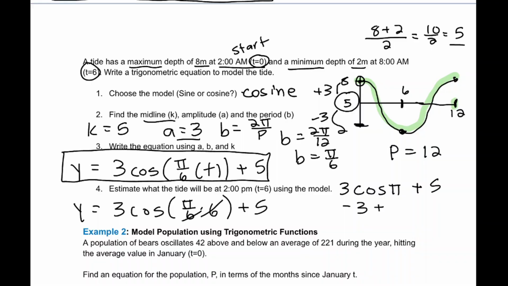So I get negative 3 plus 5, which gets me 2, which means it's low tide. It's going to be 2 meters deep at 2 o'clock.